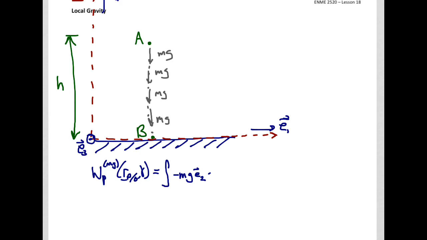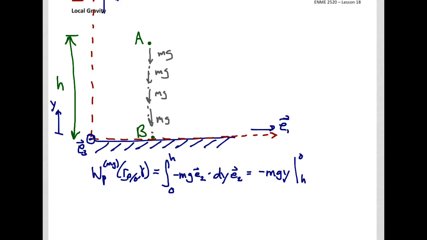So let's define our y going up. And so that means that this is going to be dy in the E2 direction. And then when we make this calculation, we're going to be going from a height of h to a height of 0. So our integral bounds are 0 to h, and so we'll get negative mgy evaluated from h to 0.